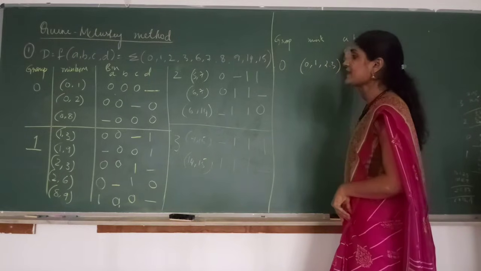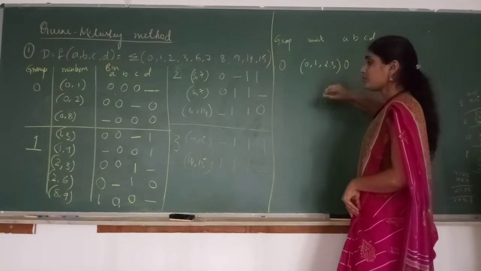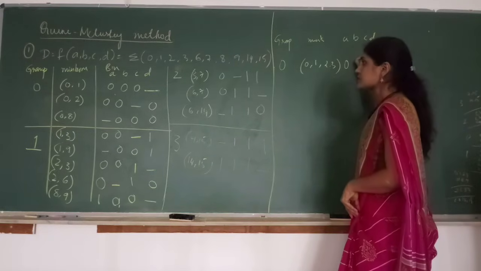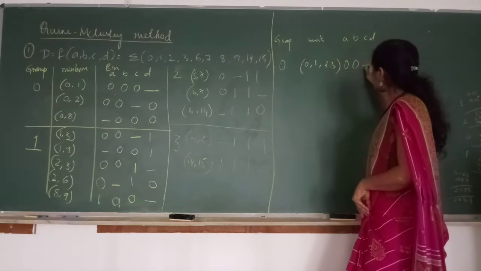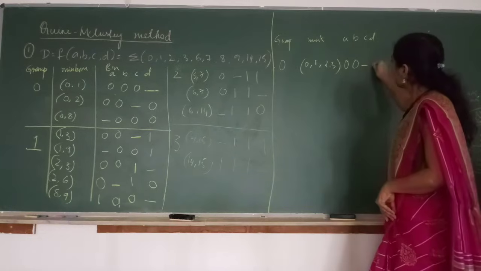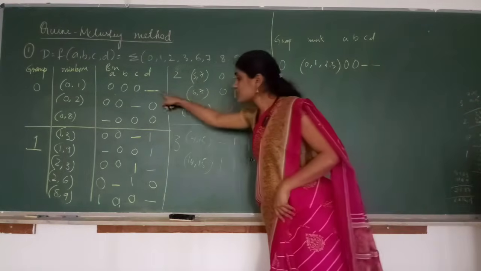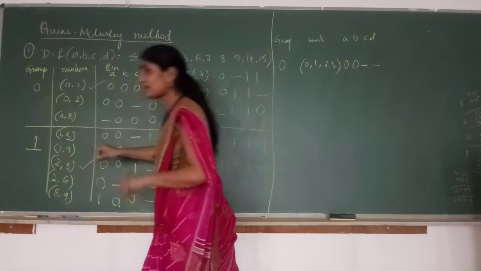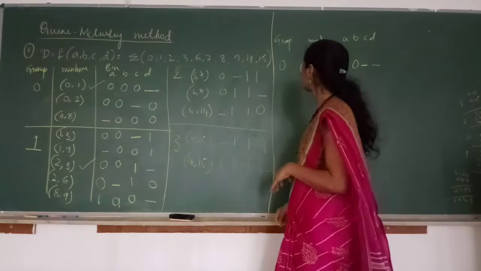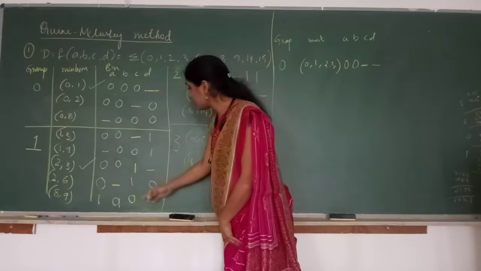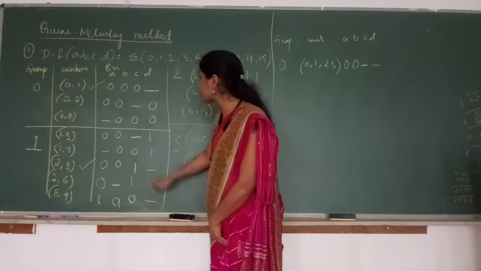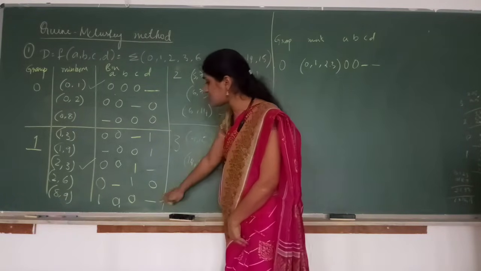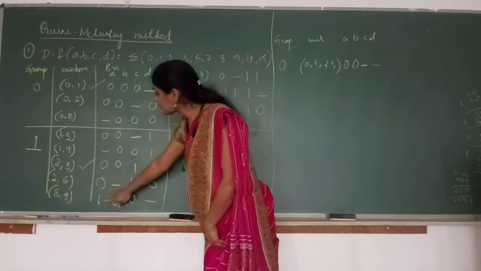So what do you get? A is what? 0. B is what? 0. C is what? C is the only difference, and for D, dash. So I have group 0, 1 with 2, 3. Tick. Tick is very important. Any other grouping with 0, 1? Yes, dash is in the same position. Dash is at D, dash is at D. Check. A is different.